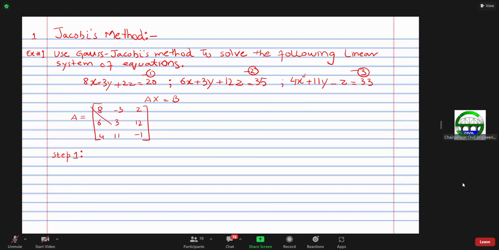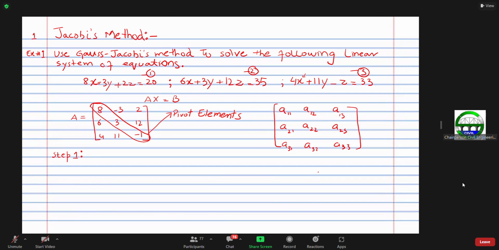You have to see the pivoting elements or diagonal elements, A11, A22, A33. Or you can write the entries as A12, A13, A21, A22, A23, and finally A31, A32. So this is our coefficient matrix.